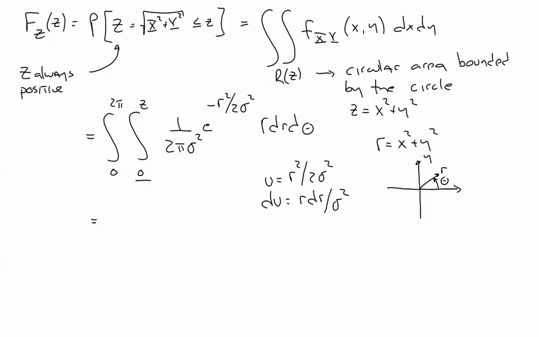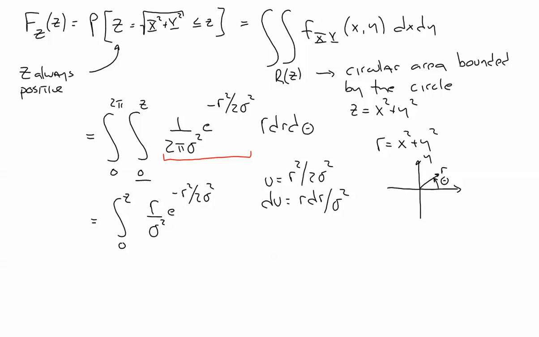You'll notice that my integrand here is not a function of theta, so when I integrate against theta, I just multiply everything by 2 pi. That makes my 2 pi go away in the denominator. So I get integral from 0 to z. I'll do my change of variables in just a second. 1 over sigma squared e to minus r squared over 2 sigma squared.